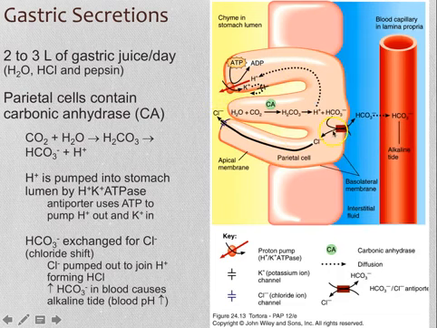Okay. Now, one of the things that's important here is this movement of bicarbonate in exchange for chloride is called the chloride shift. Okay. And especially when your body is getting ready to digest something, like you've just eaten or you're getting ready to eat, you're going to start producing lots of hydrochloric acid in your stomach.